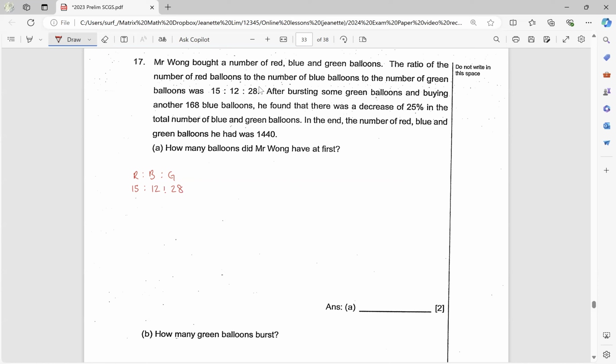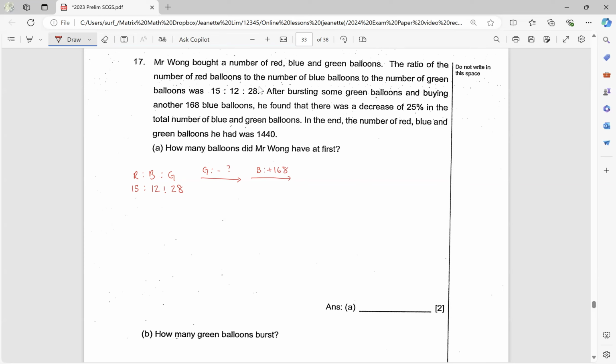Some green burst, so green minus some. And for the blue, plus 168.